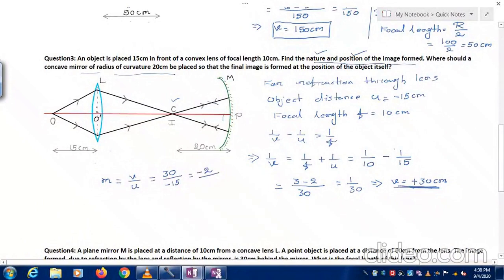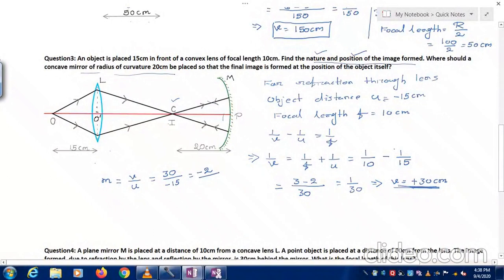That means the image is a real image, and it is greater than 1, so it is magnified. So a real magnified image is formed at a distance of 30 centimeter from the lens. So that is the position and nature of the image.